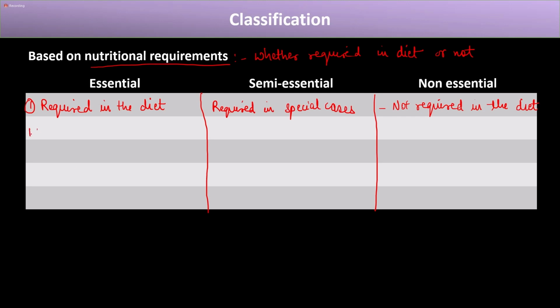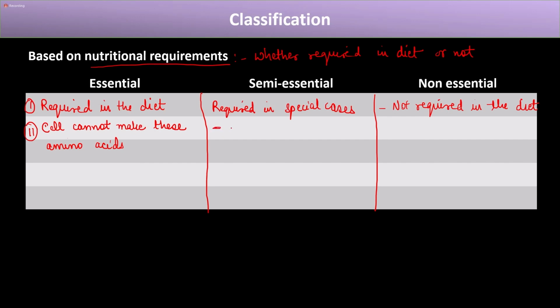Why are the essential amino acids required in the diet? Because our body or cell cannot make these amino acids. Because our cell cannot make them, they are required in the diet so that they can be taken from outside.